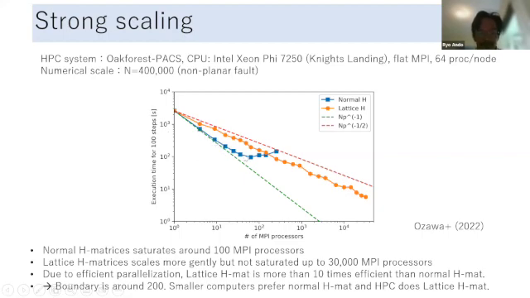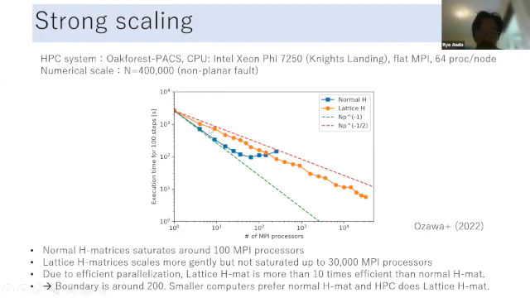The blue curve shows results from the normal H-matrices, meaning without lattice H-matrices optimization, and the orange curve shows our result of lattice H-matrices. As you can clearly see, normal H-matrices show a saturation of efficiency around 100 CPUs, so normal H-matrices are not fitted to a large number of MPI processes.